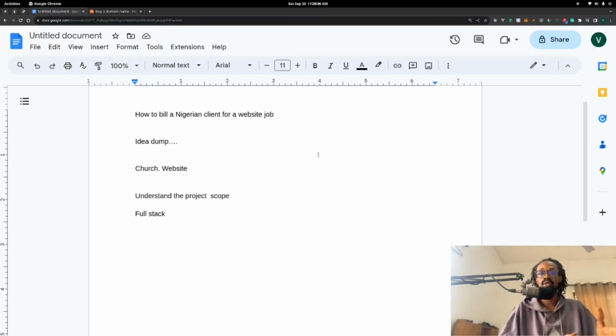So you need to have a good command of HTML, CSS, JavaScript, and maybe JavaScript frameworks like React, Vue, Angular, etc. You also need to have a strong grasp of a server-side programming language and framework, say Laravel, Django, Node.js, etc., depending on what your training is. If you ask me, in my opinion, a very good combination would be Laravel, React, or Vue, and I'll tell you why in a second.